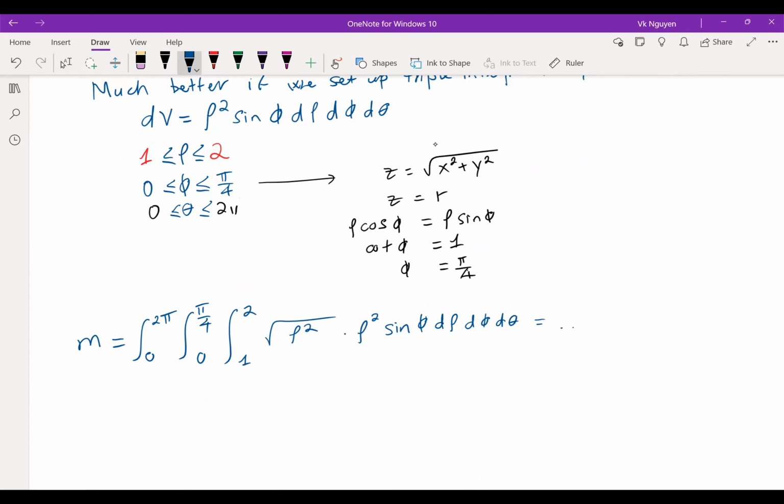You guys can work it out. It's not that bad. If you work it out, it would be 15 pi over 2 times 1 minus root 2 over 2.